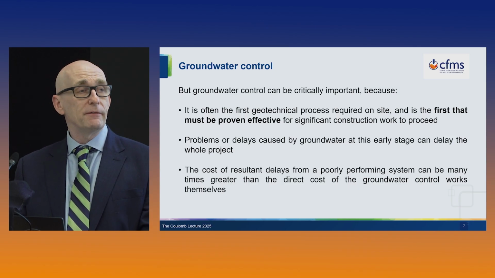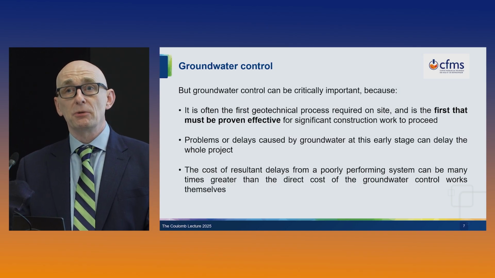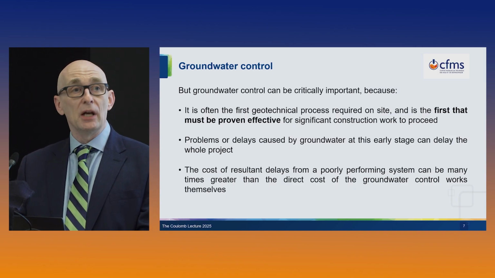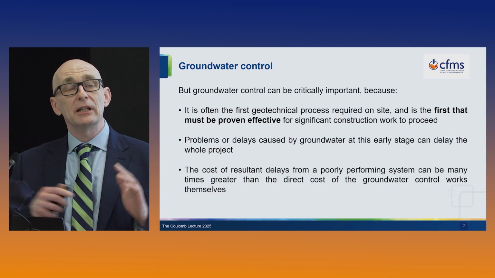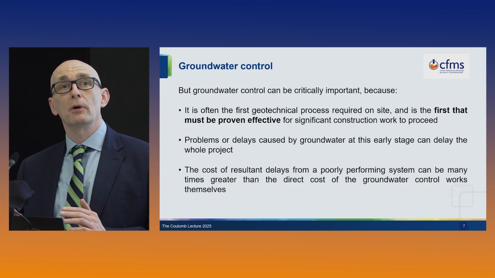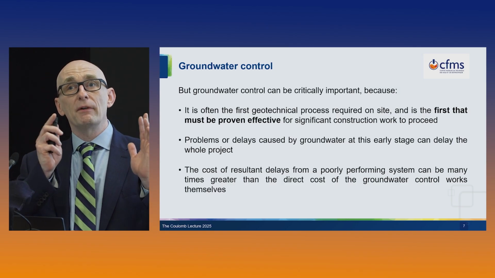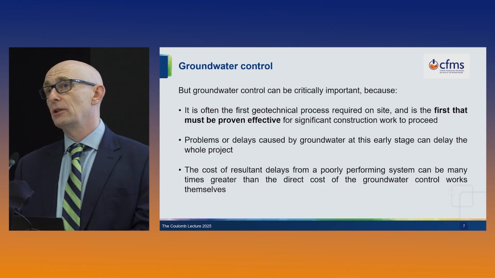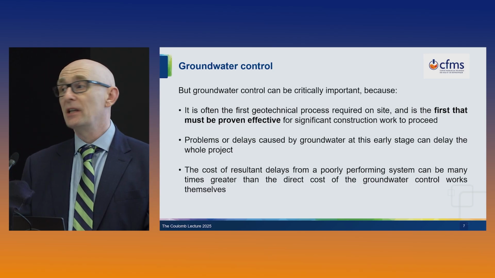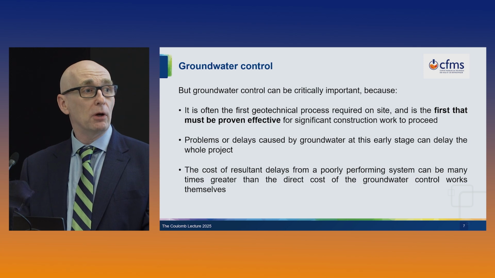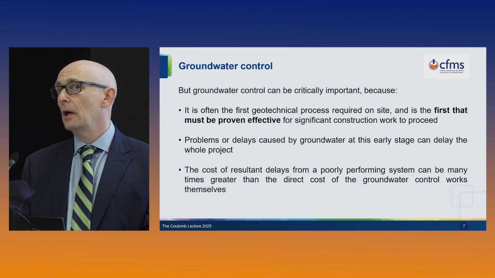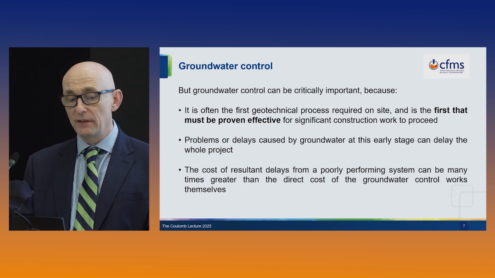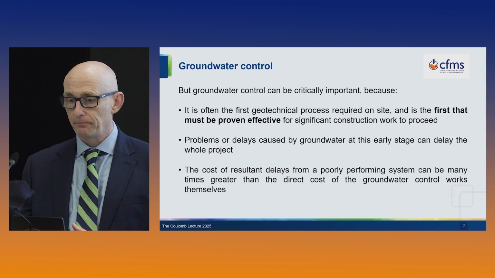And the problem is that if you get a ground control system that isn't a good match for the ground conditions or isn't flexible and robust, and it needs to be modified, that can cause delays in the overall construction project. Because these delays occur at the very start, it's really hard to recover them later on. And of course, the cost of delays is much greater than the incremental cost of making the ground control system more robust and flexible in the first place.